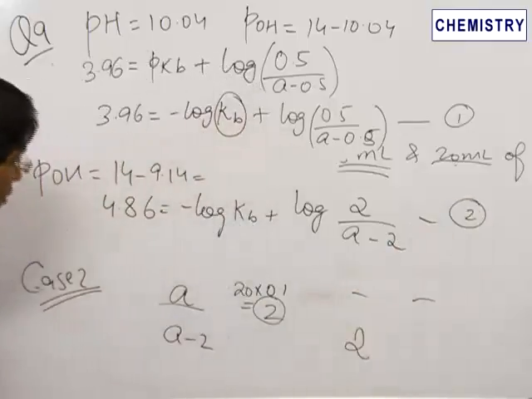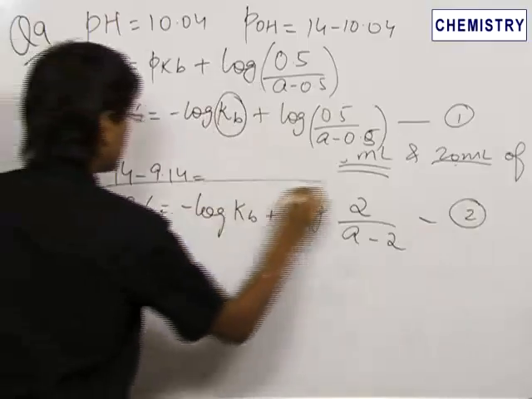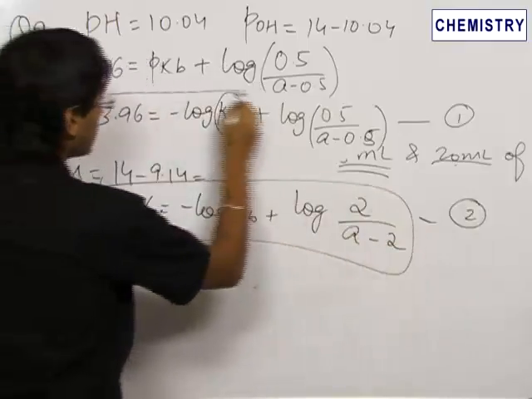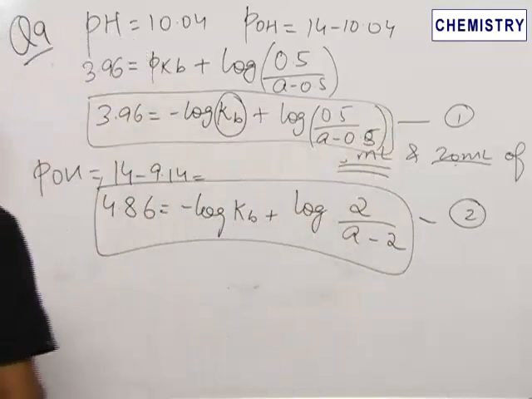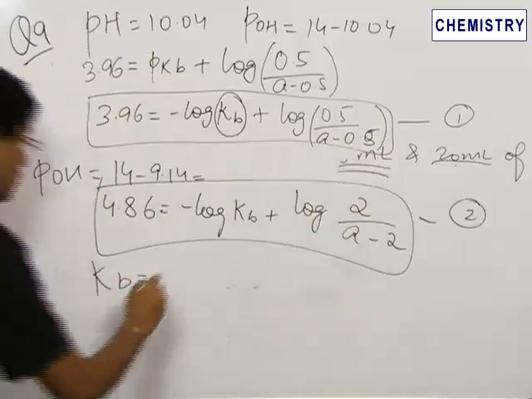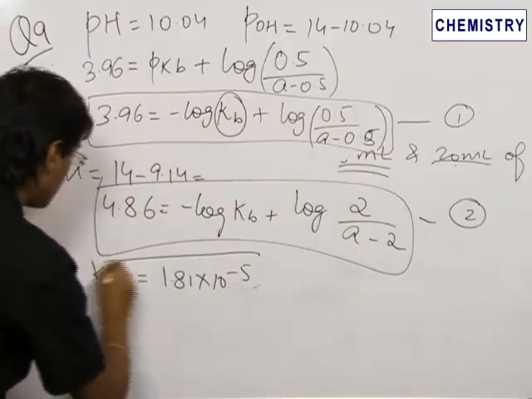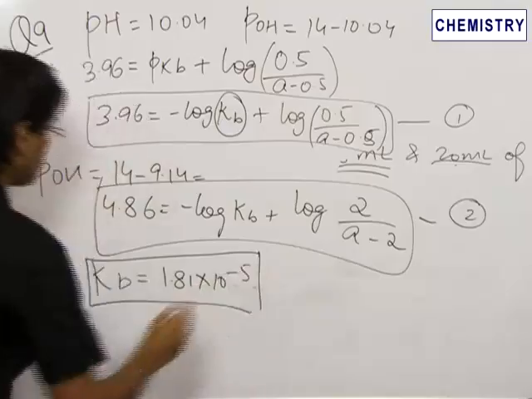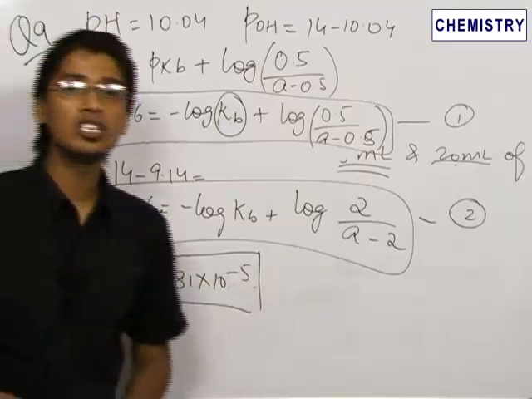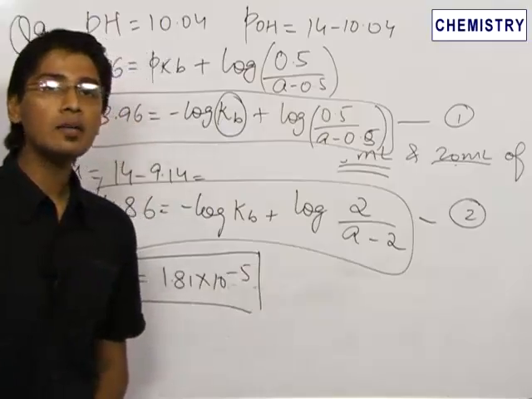This is the second equation. On solving the first and second equations, we get the value of Kb as 1.81 into 10 power minus 5. And hence our final answer for the dissociation constant for the weak base is 1.81 into 10 power minus 5.